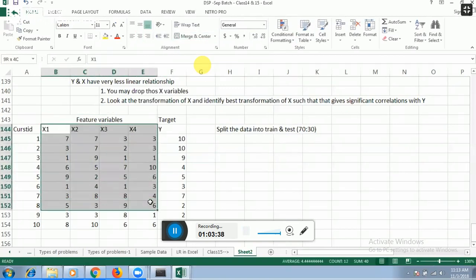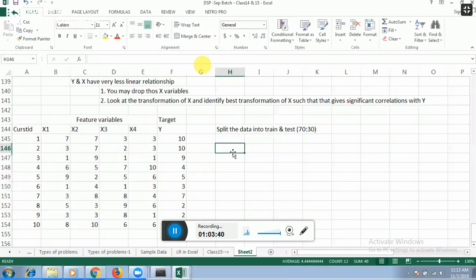Now, when I'm splitting the data, there are two ways of splitting. One is your train Y and test Y, and train X and test X. This is one type of splitting, where you are splitting your Y and X separately.